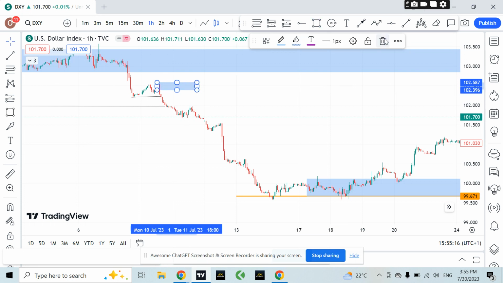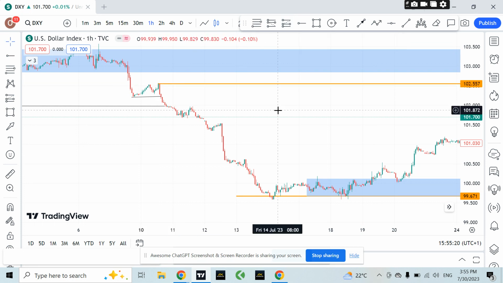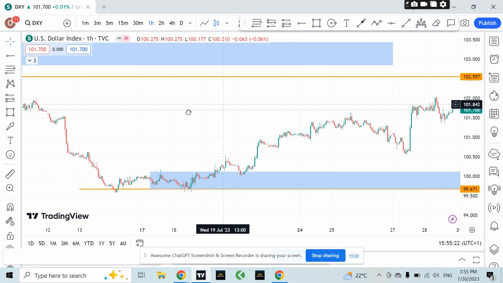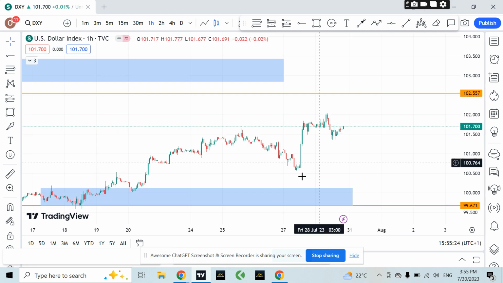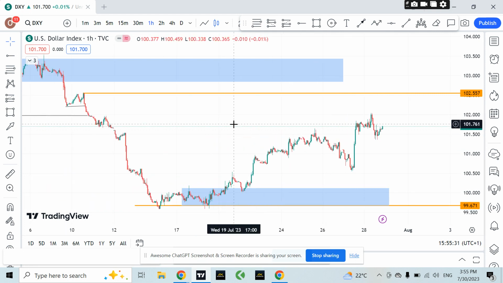So let me just mark it out. You can see the market going to that level, and liquidity actually lies here.